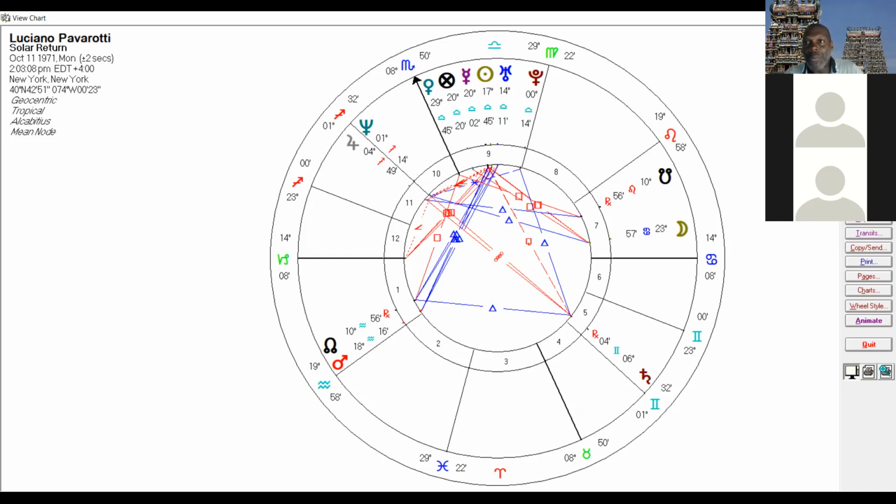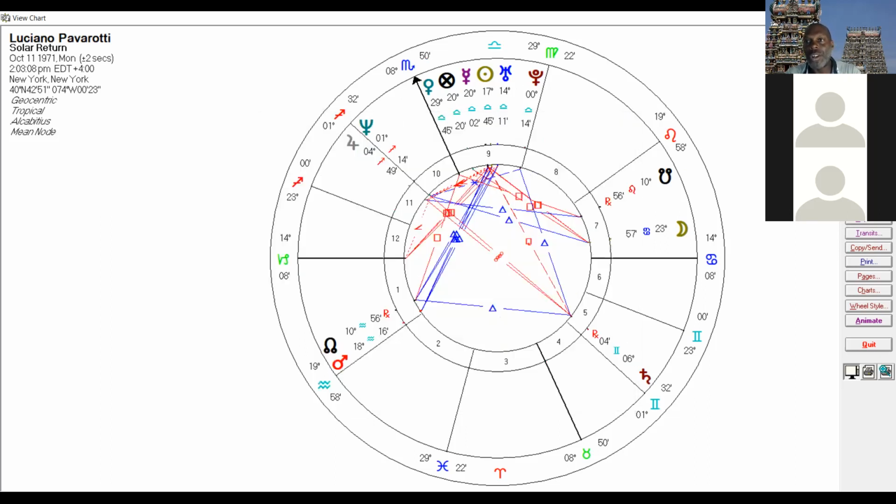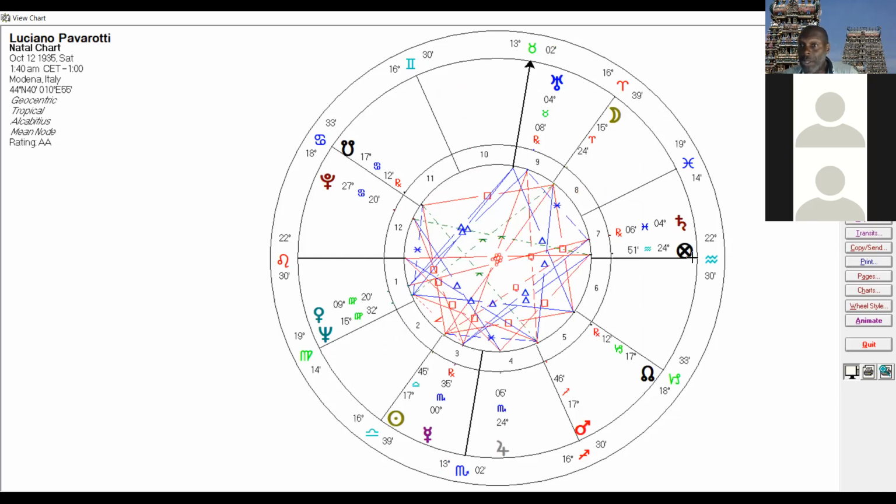The other thing is that if we go back to the natal chart, one of the things that you can also do is perfect the part of fortune, and should. If we perfect the part of fortune, we would obviously come to Saturn.